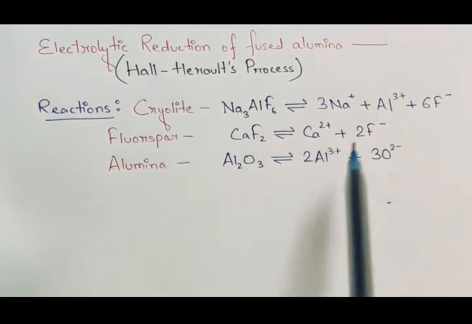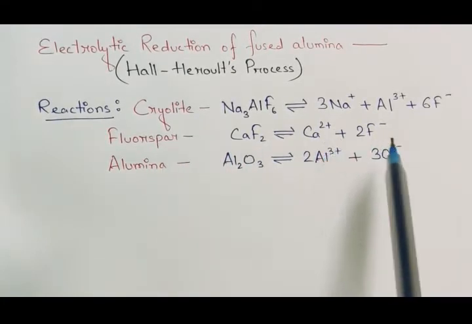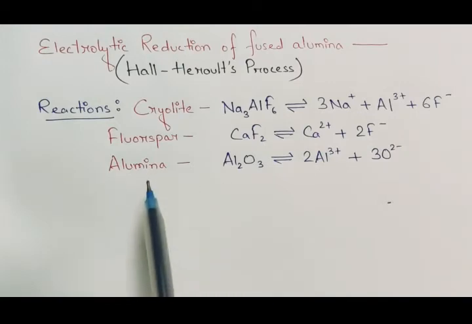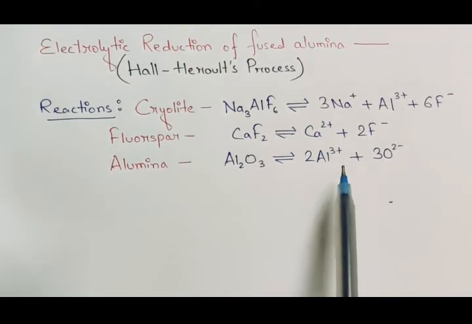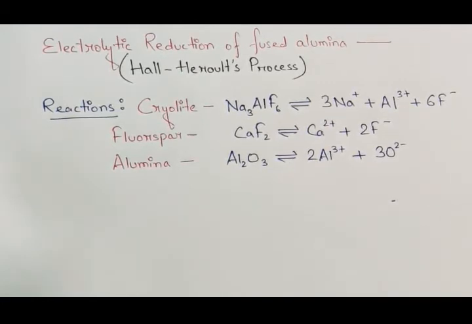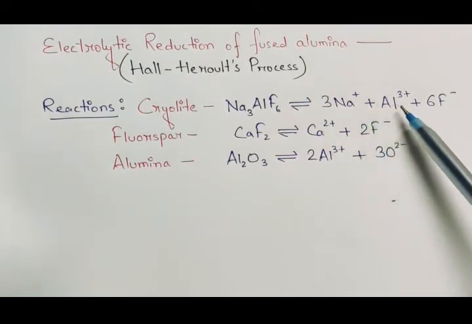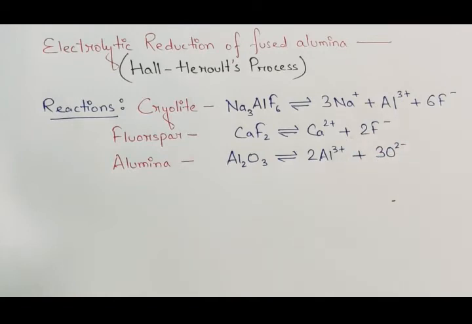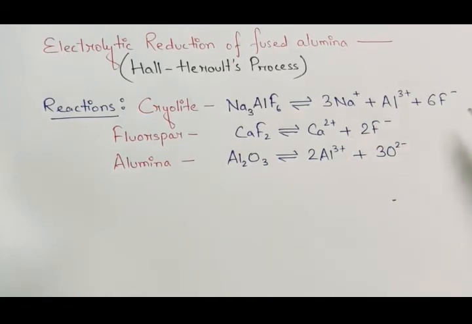Again fluorspar gets dissociated to form calcium ion and fluoride ion, and alumina gets dissociated to form aluminium ion and oxide ion. So here the cations formed are sodium ion, aluminium ion, calcium ion, and again aluminium ion, and the anions formed are fluoride ion and oxide ions.